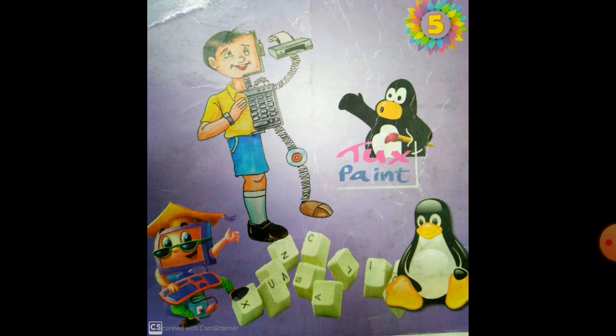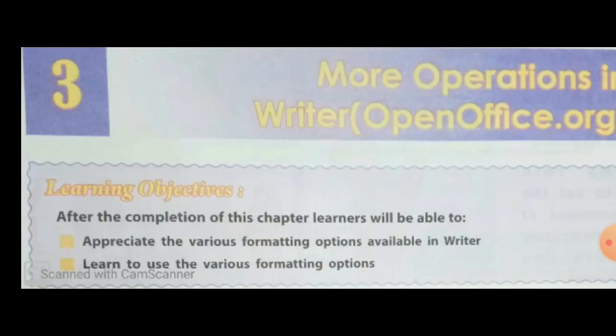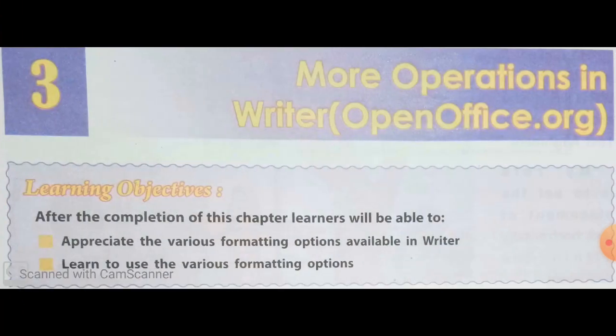Now it's your first period of computer science in continuation of chapter 3, that is more operations in Writer. In this chapter we are going to discuss the next topic, that is bullets and numbering in detail.